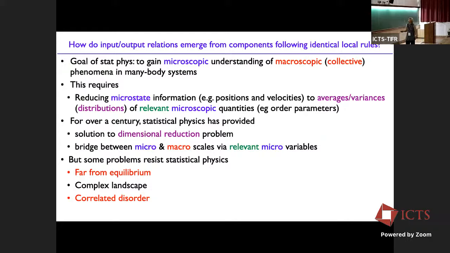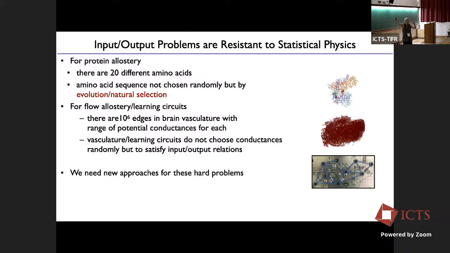So why are these problems so hard? Well, remember that for proteins, there are 20 different amino acids, and the amino acid sequence is disordered, but it's correlated so that the protein can fold and also so that it can perform allostery, desired strain here in response to strain over here.